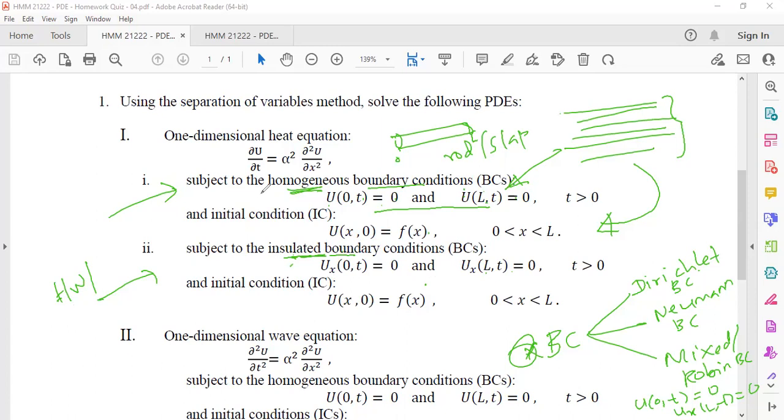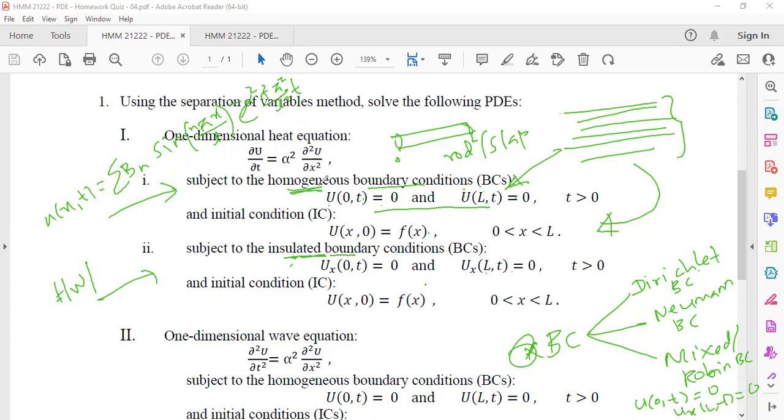So in this question, I have derived, what is my last equation for this one? u(x,t) equals the summation of b_n sin(n pi x over L) times the exponential of minus alpha squared n squared pi squared over L squared t, isn't it?